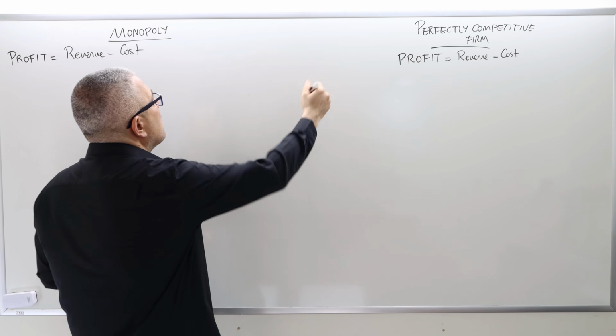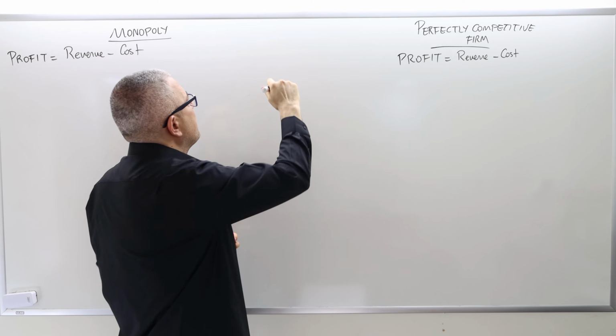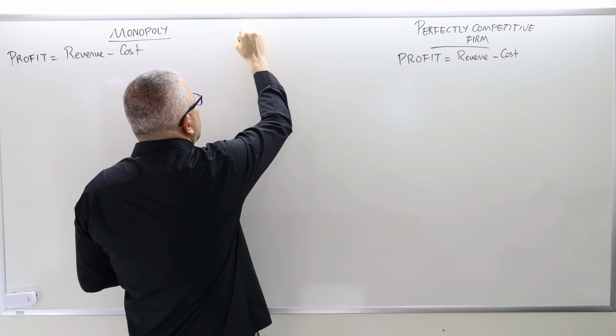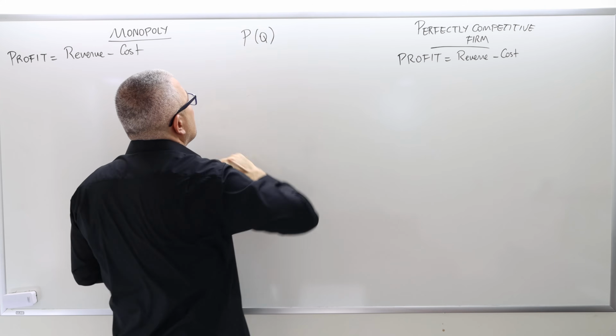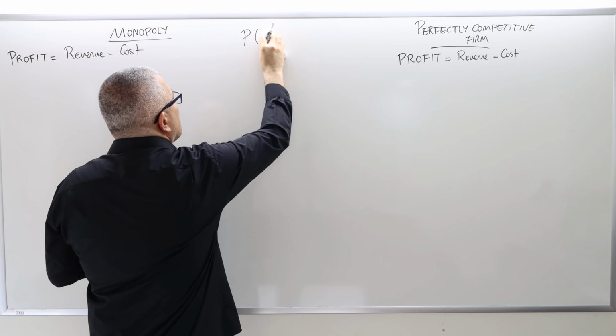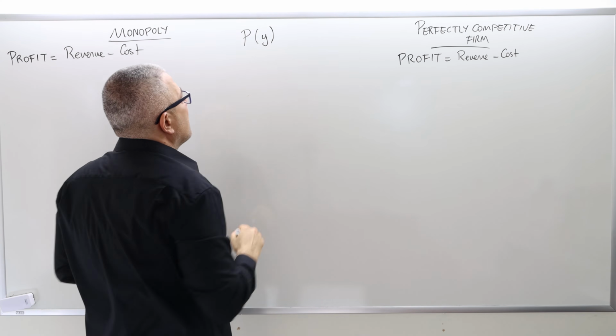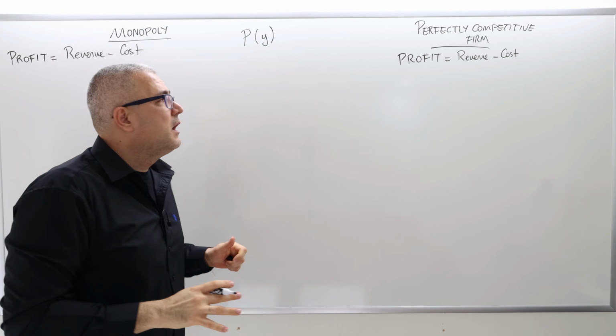Well, first of all, the firm, monopoly or the perfectly competitive firm, is facing a demand curve, all right? So by the way, in my lecture notes also, I use Y, so let me use P of Y. So that's an inverse demand curve.